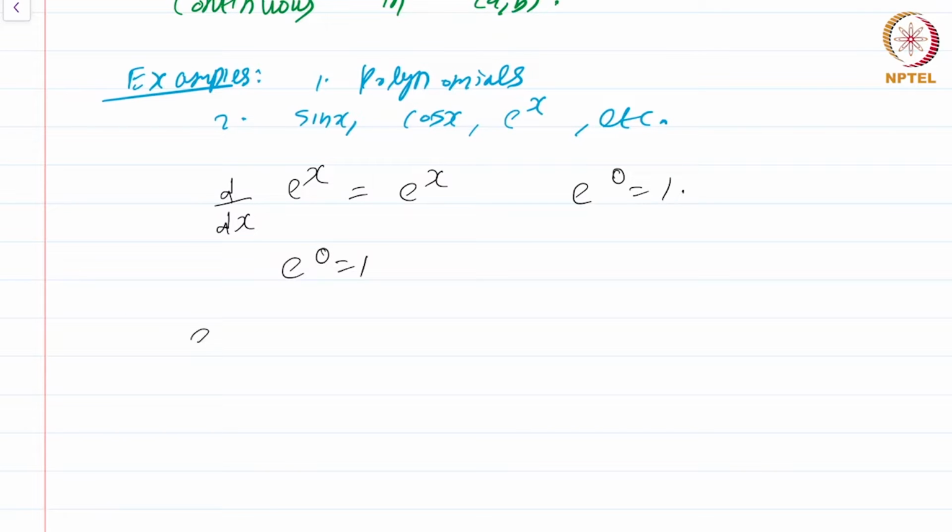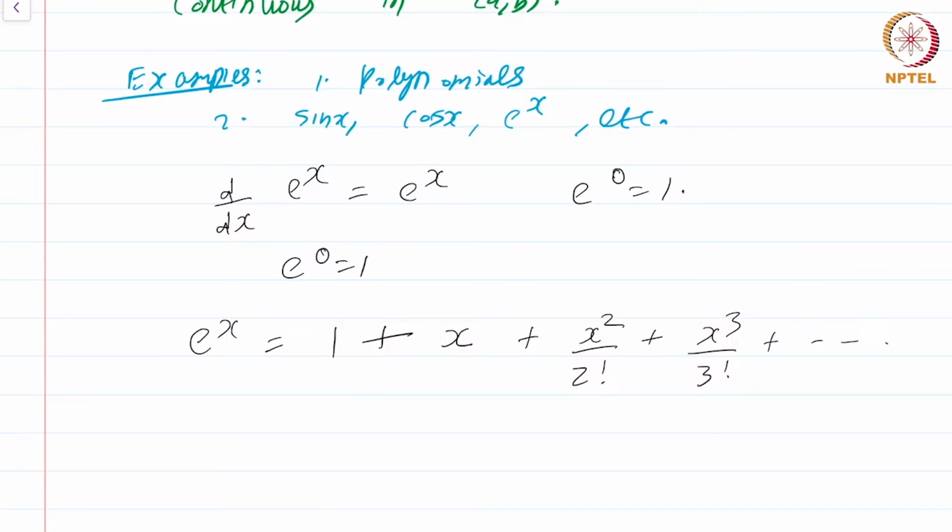So e power x will be 1 plus, then the first derivative of e power x is just e power x, and at 0 it's 1. Then you will just get 1 plus x. Then you will get x squared by 2 factorial, because again second derivative of e power x is just e power x, and at 0 it's just 1, plus x cube by 3 factorial plus dot dot dot.